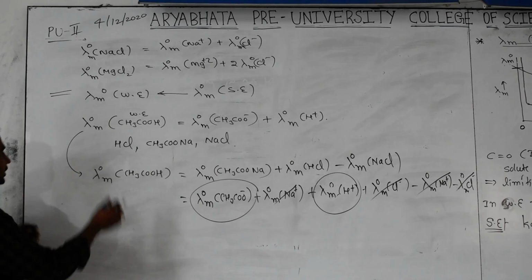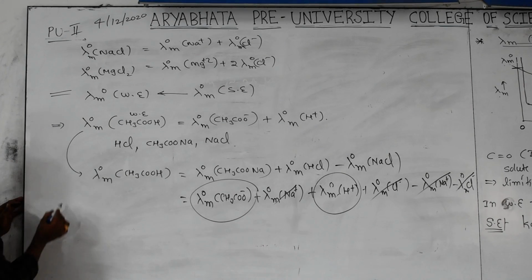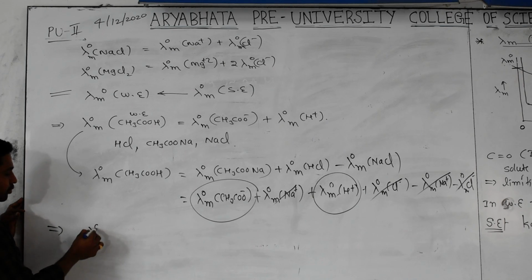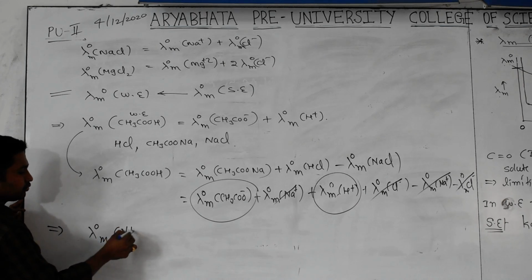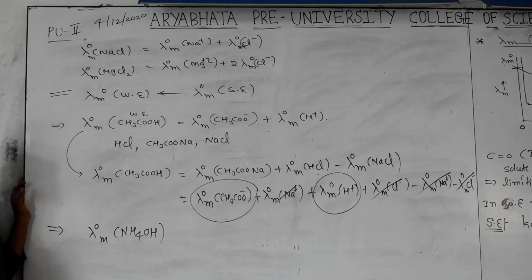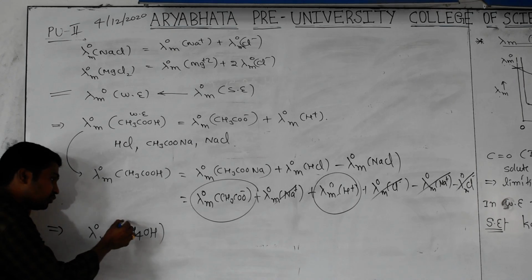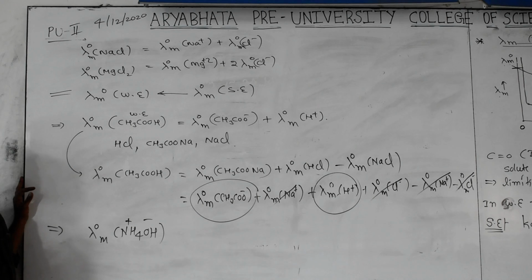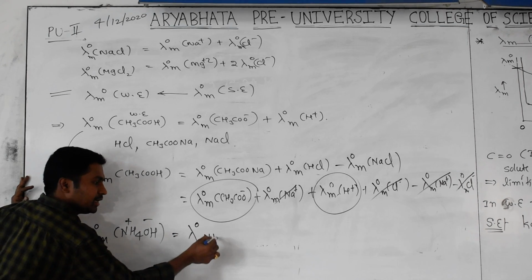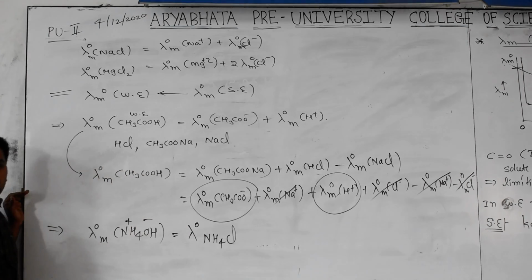Can I give one more thing? This is one of the examples I am giving. I will give you one more example. I want the limiting molar conductivity of NH4OH. What strong electrolyte is helpful to us? We want the NH4 ion and the OH minus. What can we take? We can take NH4Cl. Can we take NH4Cl, meaning a salt?